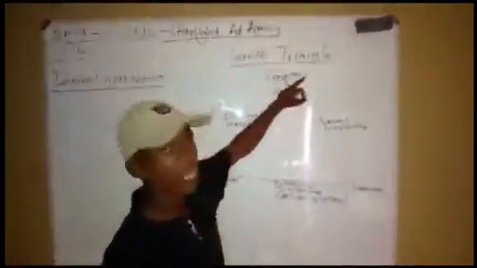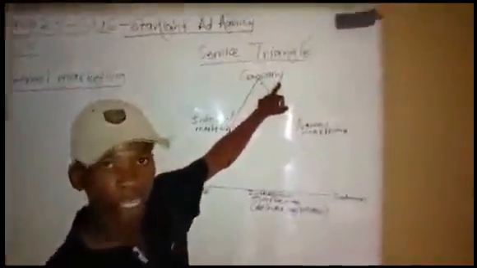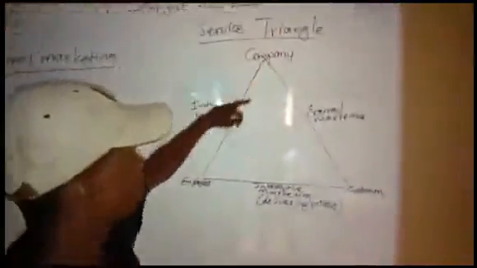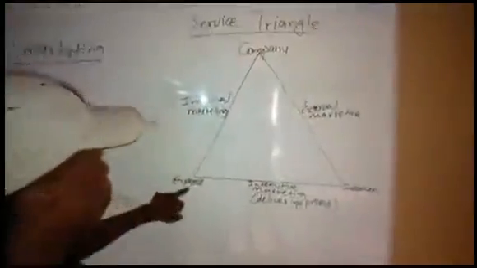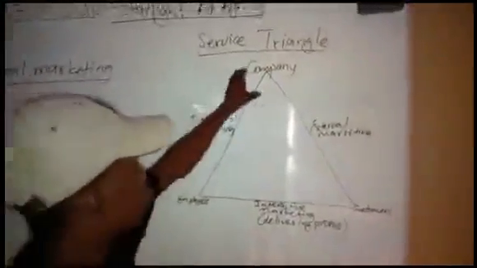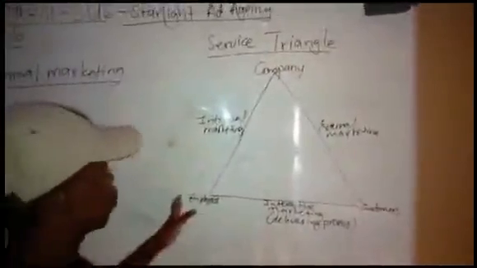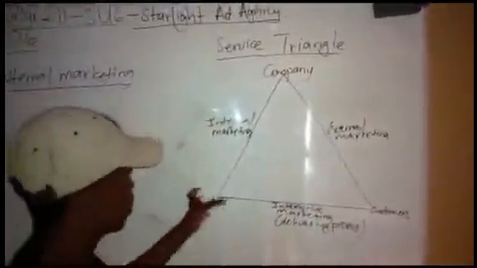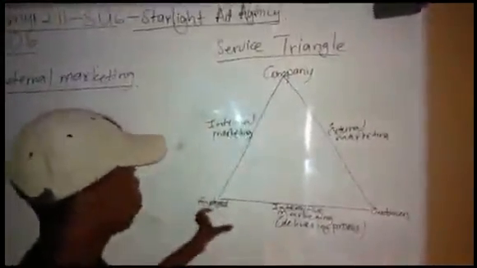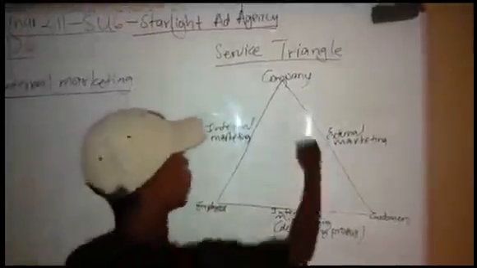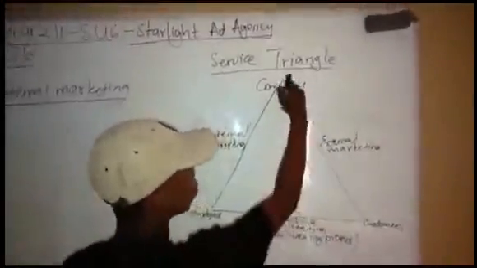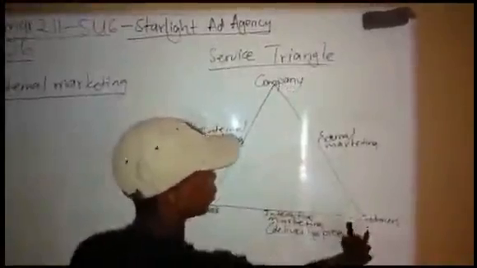We have a company, which is the service organization, and we have internal marketing, then we have employees. This shows us that we are creating a relationship between the company and the employees. And then we have external marketing, which is between the company and the customers.